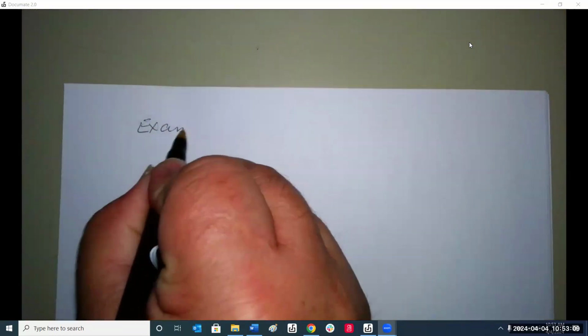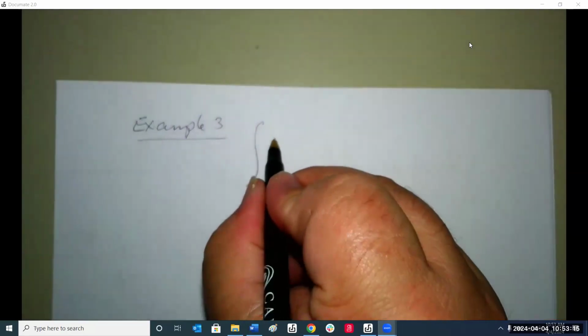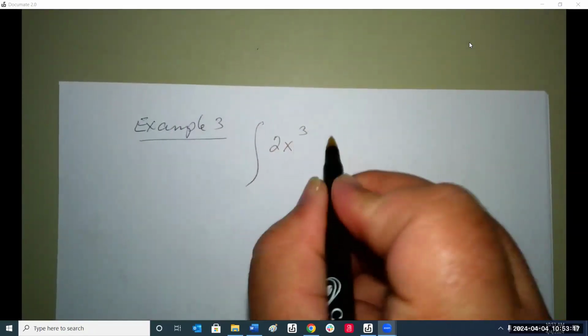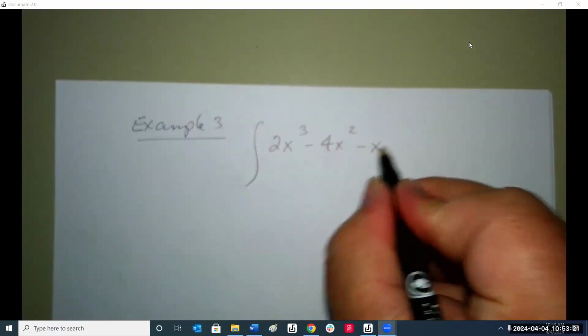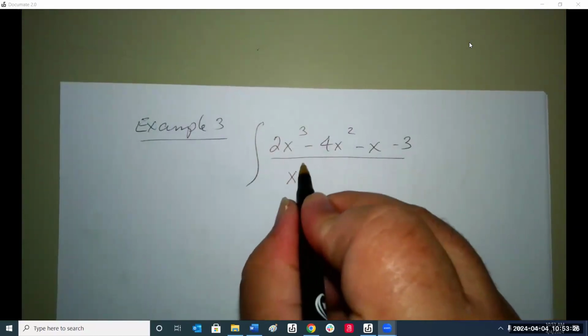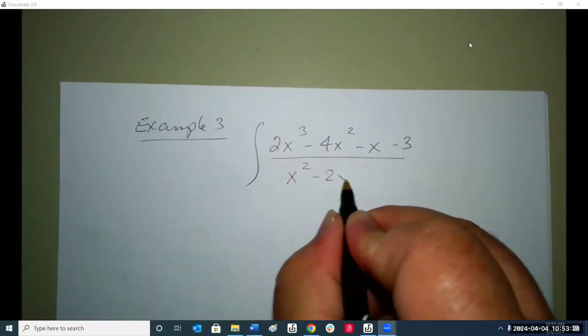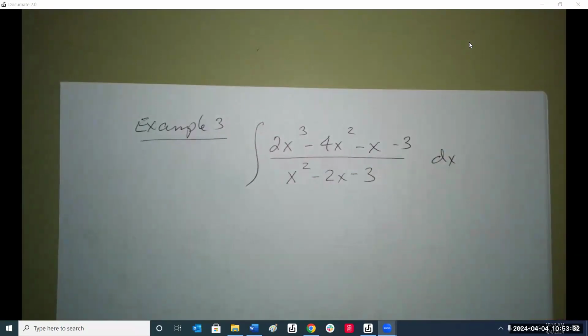For the third example, I have this equation: the integral of (2x cubed minus 4x squared minus x minus 3) over (x squared minus 2x minus 3) dx.